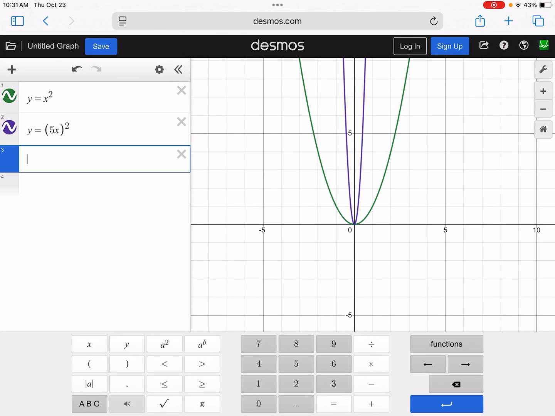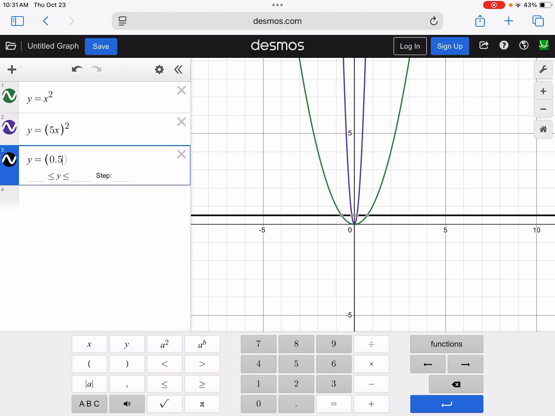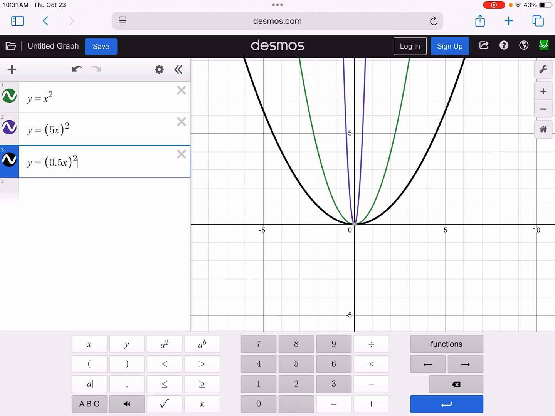Now instead of c greater than 1, what happens if we replace x by 0.5x? So instead of 5, let's replace by 0.5x. Now it is stretched horizontally. 0.5 is a number between 0 and 1.